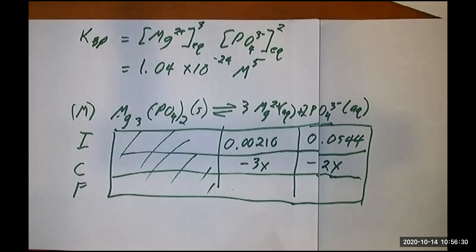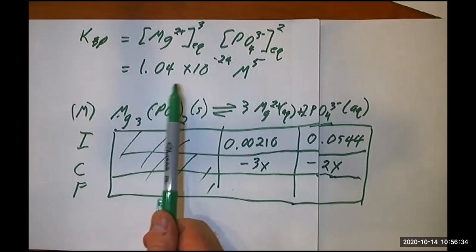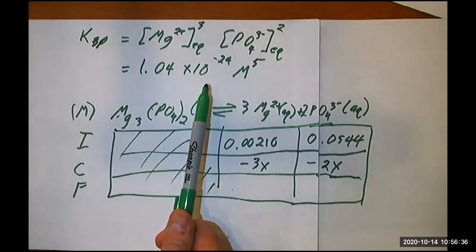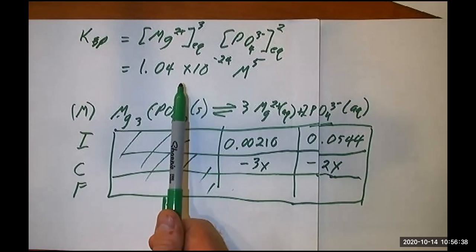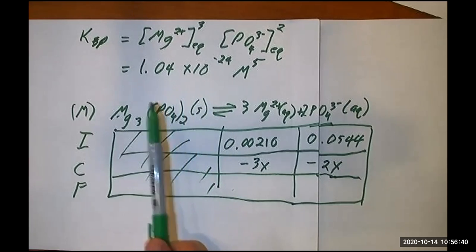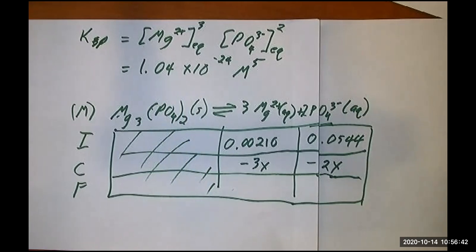The place we get that information is looking at the solubility product value we have here. Notice that 1.04 times 10 to the negative 24 is stupidly small. It has 23 zeros after the decimal point before the 1.